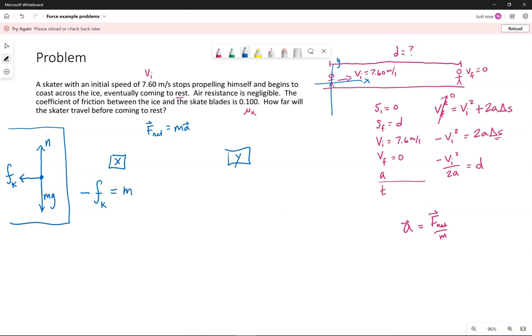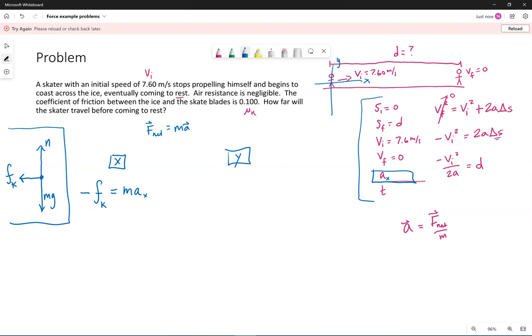That needs to equal the mass of this ice skater times the acceleration of the ice skater in the x direction. That is the same as the acceleration of the ice skater when we come back to our list of variables for the big three, for the kinematic equations. When I set up this table of variables, I was looking at motion to the right being positive, which is why I need to use motion to the right being positive in F equals ma.